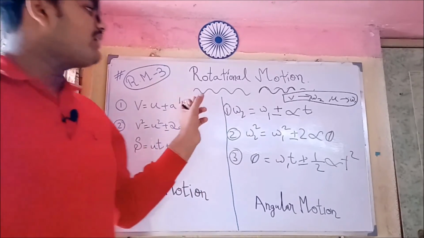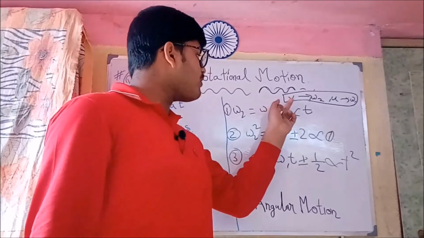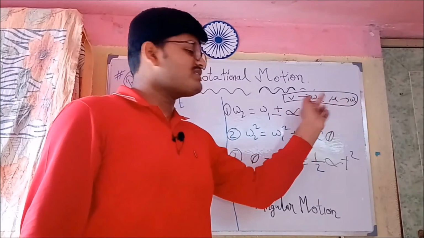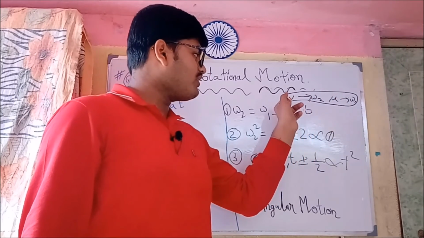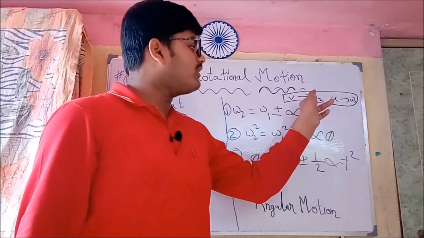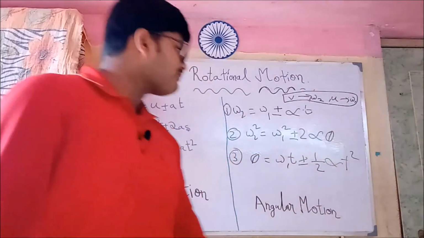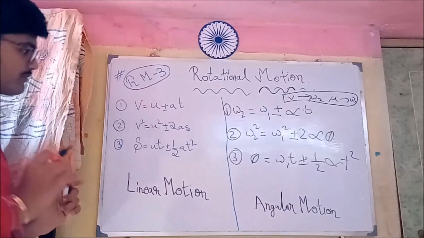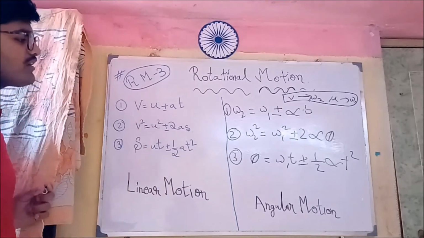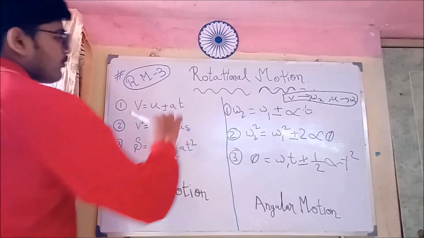But if we consider the symbols, v is for linear, omega 2 is for angular, u is for linear and omega 1 is for angular. These symbols are to be remembered. Then only it is very easy for us to remember the fundamental formulas of rotational motion.